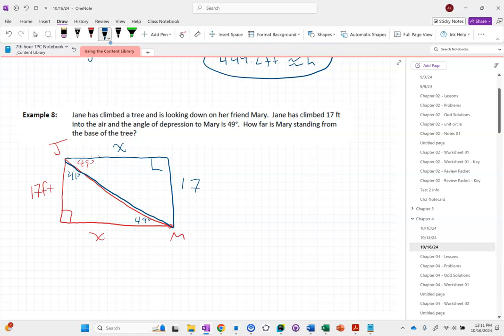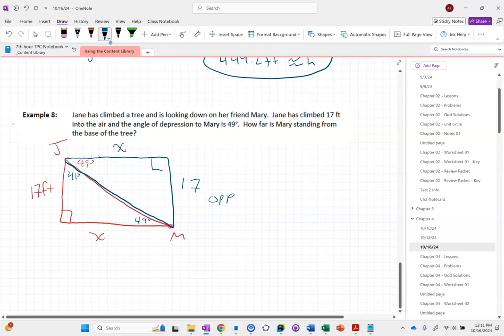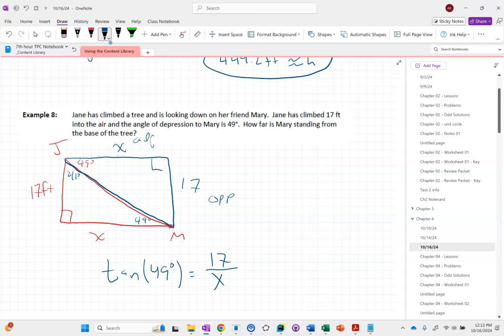So assuming we use the blue triangle, we got to pick one. What is 17 relative to the 49 degree angle in the blue triangle? Opposite, adjacent, or hypotenuse? Opposite. And the x is adjacent. So we need tangent. To solve this for x, what do we do?